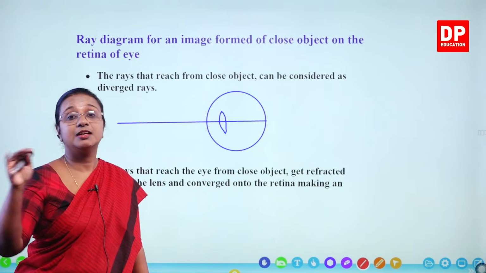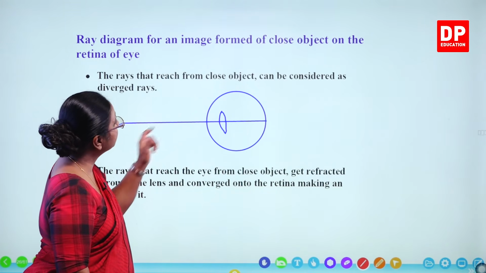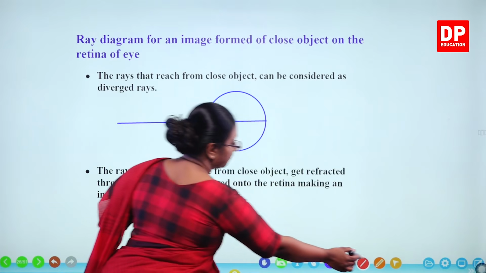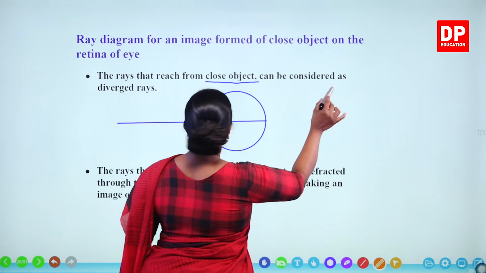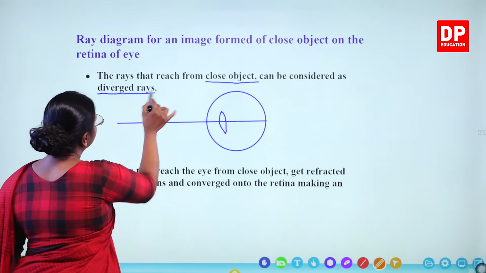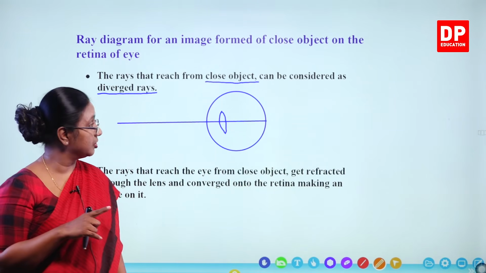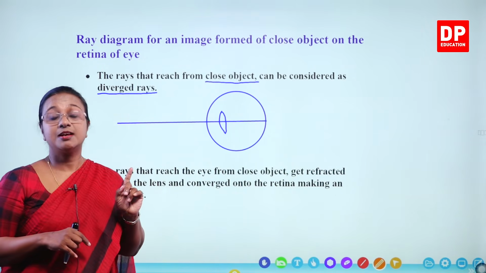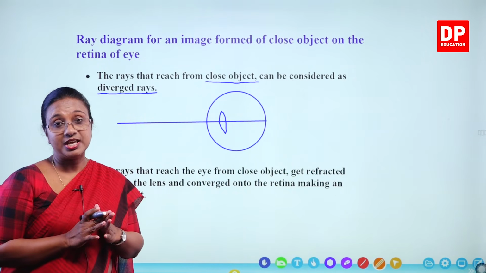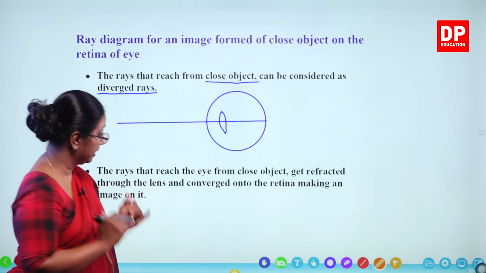It travels directly. Now the rays that reach from close objects, now we are looking at an image of a close object, and that is going to be diverging rays. I told you all that before also. From a close object, we get diverging rays. You know what diverging rays are. They start from one point and they go away from each other.